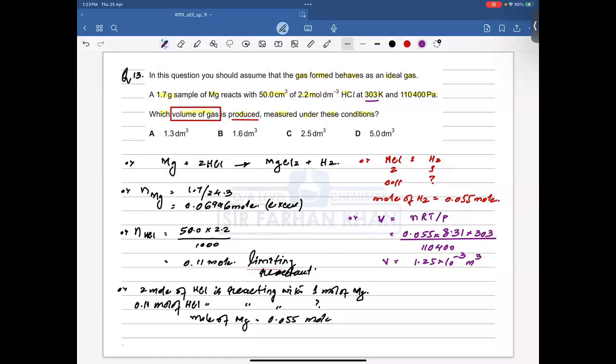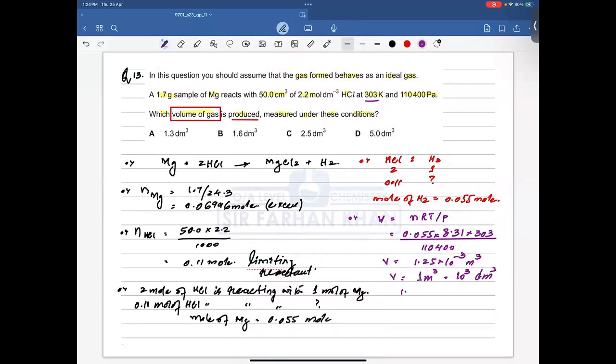All right. So convert it into dm cube. So volume is going to be how much? Basically 1 meter cube equals 10 to the power 3 dm cube.